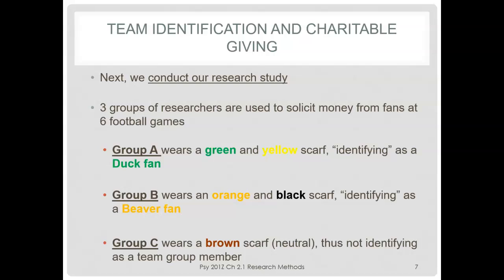Now Group C wears a neutral scarf, and this is so we can measure, are people giving because of team identification, or are they just willing to give money because they like the American Heart Association?